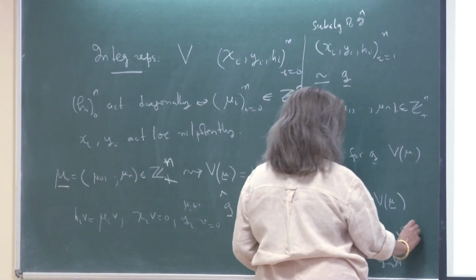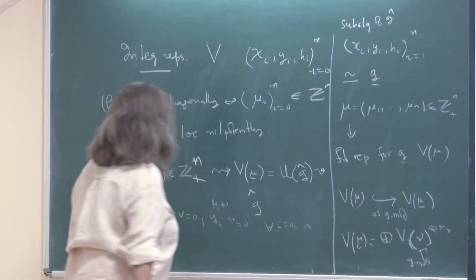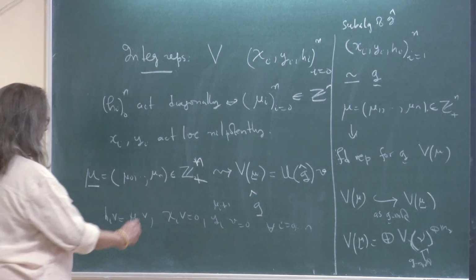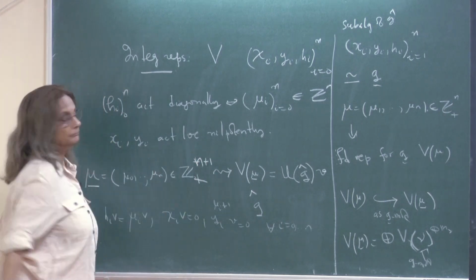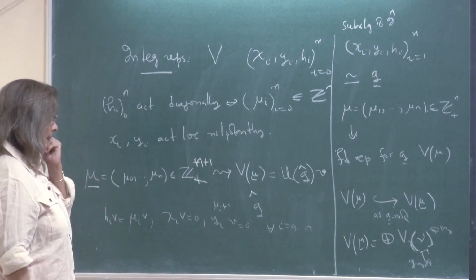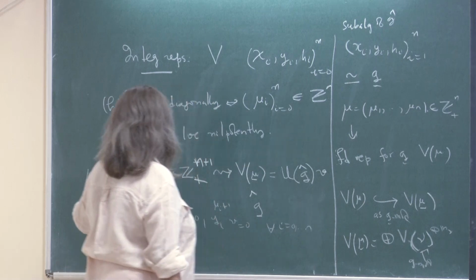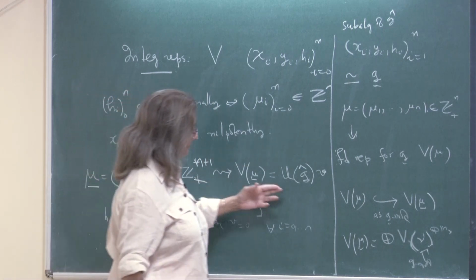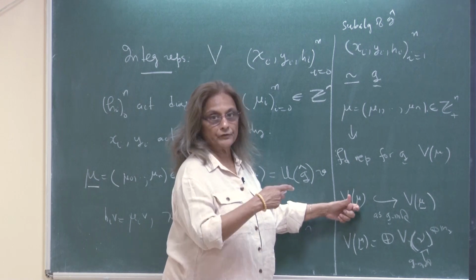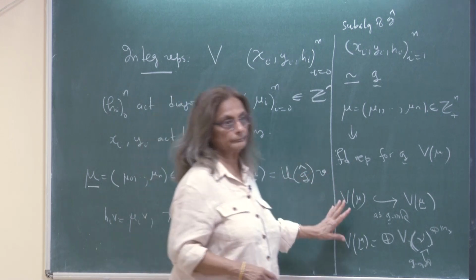Yes, there are n plus 1 integers. So this module is a huge infinite dimensional space, but it contains a canonical copy of the module for g, and it contains it with multiplicity 1.